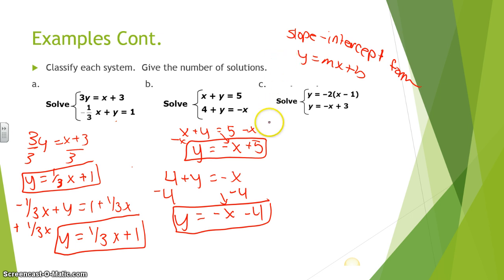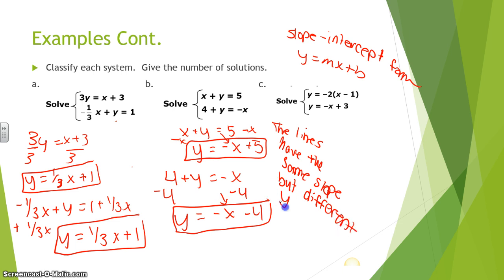So we can say that the lines have the same slope, but different y-intercepts, so therefore they are parallel.